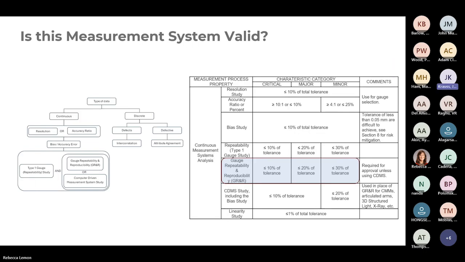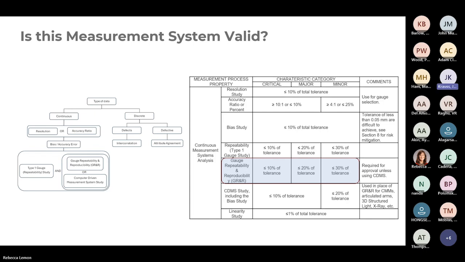All right, so this chart on the right here is from AS 13100, table 4. These are the high-level values that are used for measurement system characterization of whether you can have confidence in the measurement system or not. As you can see, for all the different studies that Anna went through, there is a percent to tolerance or a ratio given for the different characteristic types: critical, major, or minor.